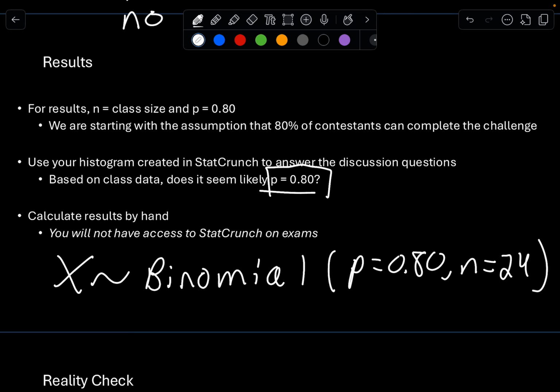However many successes you see in table 4.2, let's say you have 20 successes. You'll then calculate the probability that X is 20. So you'll say, is it likely that P really is 0.8? You'll get that probability.